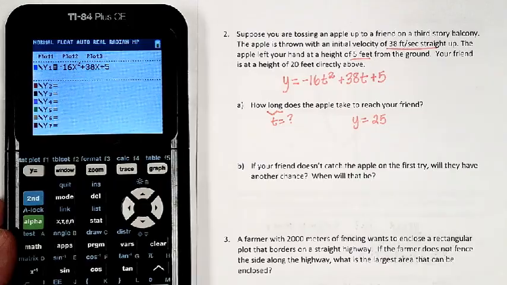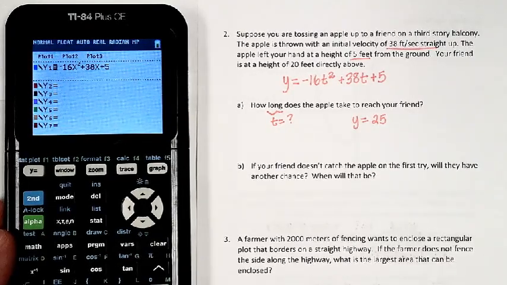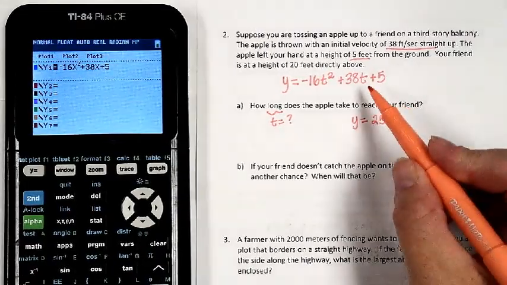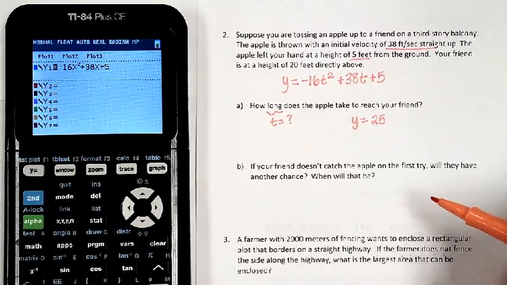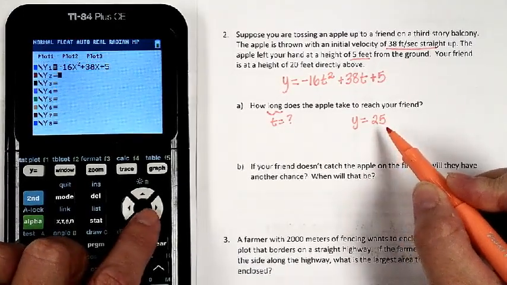There is not an option on second trace to put in a y value to find your x. So what we're going to do, we're going to put this first equation in y1, and then put this equation, y equals 25, in y2. So we know y is equal to 25.